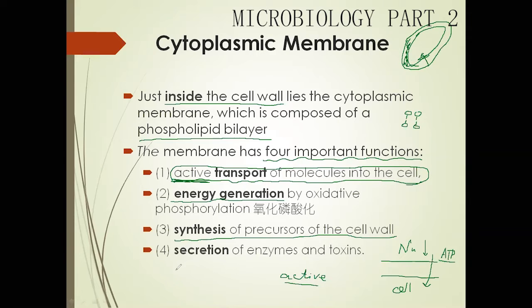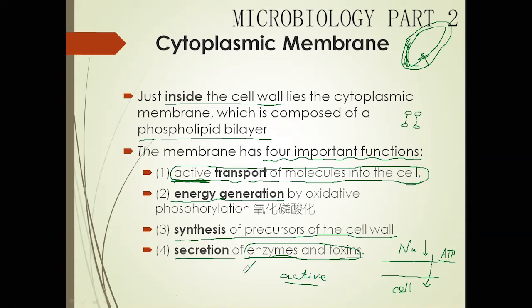And another function, we say, is the secretion of some enzymes and toxins. For the bacteria, that's some function that maintains its life. But for the human being, this function is certainly not good for people.